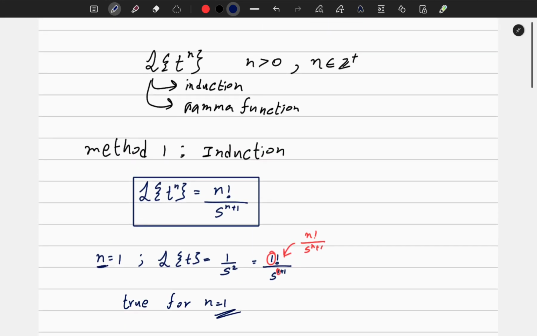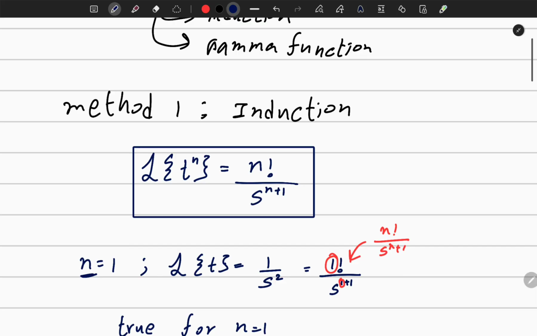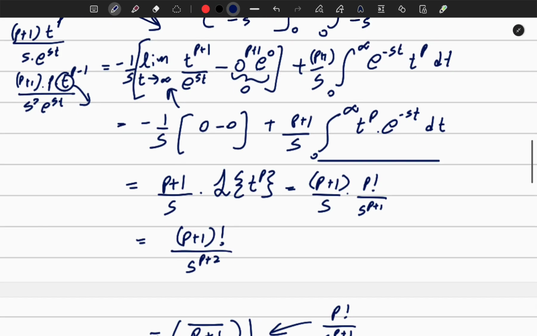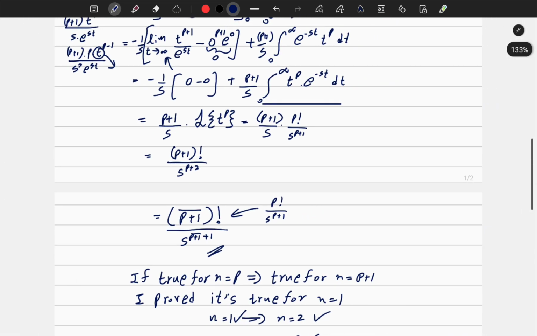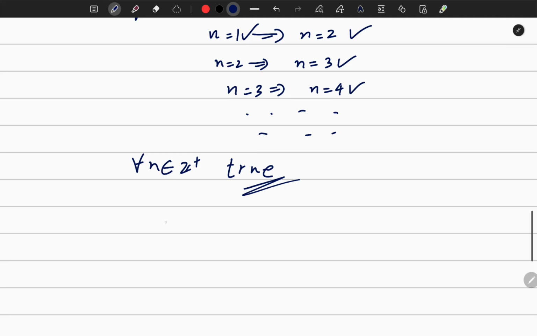Let's prove this property by the gamma function, right? Method 2. Before going to method 2, I can write that I have proved that the Laplace transform of t to the n is n factorial over s to the n plus 1, right?